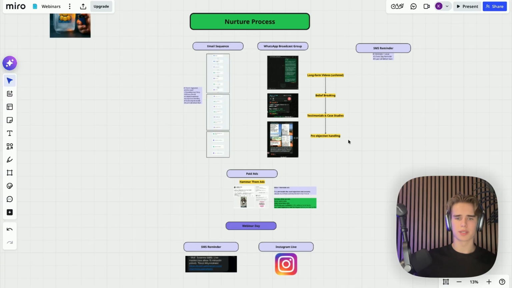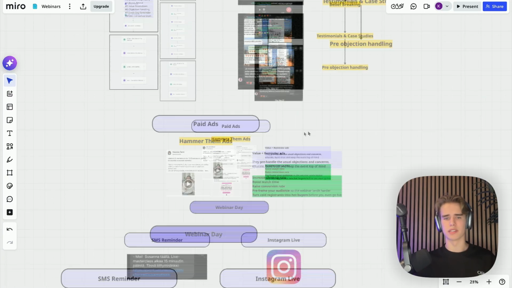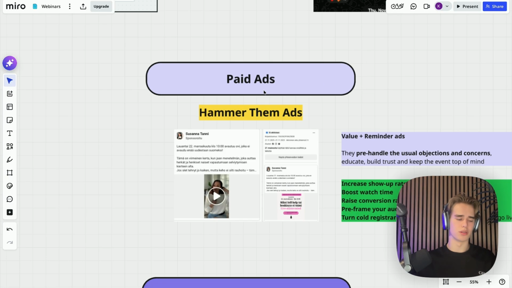Then in terms of paid ads, what we usually like to run is hammer them ads, super important. If you're not familiar with hammer them ads yet, they're basically value plus reminder ads with no CTAs, and they're super cost effective. They don't cost a lot to run, and they're super good, especially if you're running a colder audience or a more sophisticated market, because with these ads you can break their beliefs, handle objections, and frame yourself as the author before the webinar.